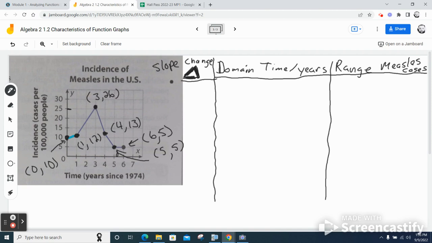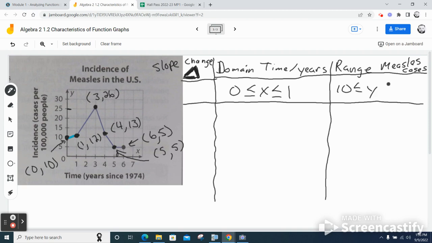Okay? So the first thing we're interested in is our domain from 0 to 1, right? What's the corresponding range for that? 10 to 12, is that right? We're looking at the y values.